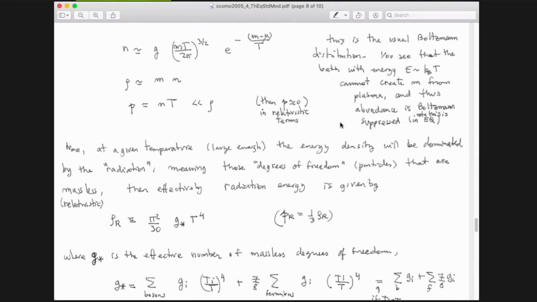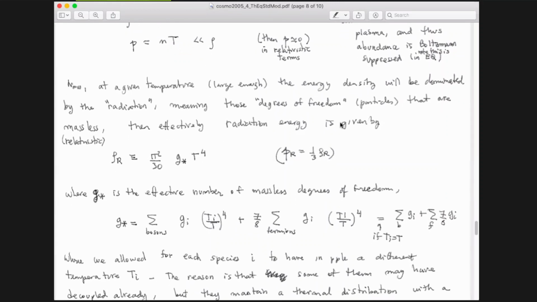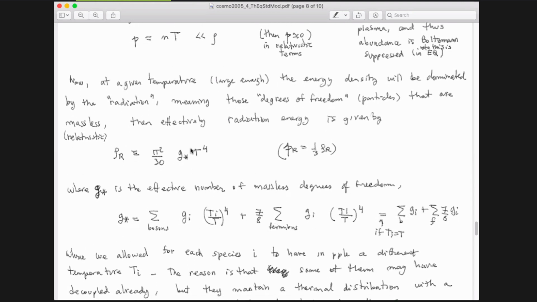So that you have to do, and I am just going to tell you this, you should remember. Rho r is pi square by 30 g star T to the power 4. g star is the degeneracy factor, okay? So please write down this part in your notes. Later, forget about this complicated g star, I'll tell you later. So just pi square by 30 T to the power 4 times g.